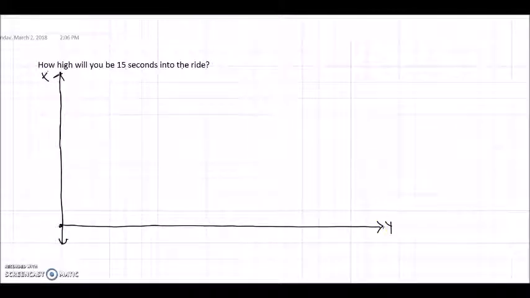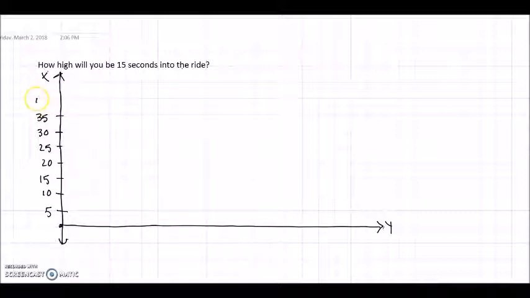Our x would be going by fives, up to 45, and our y-axis would go by 2.